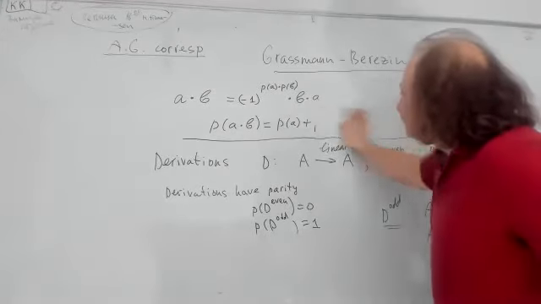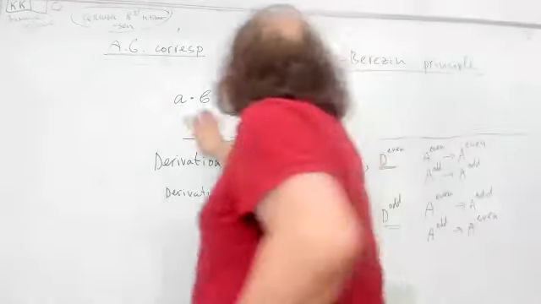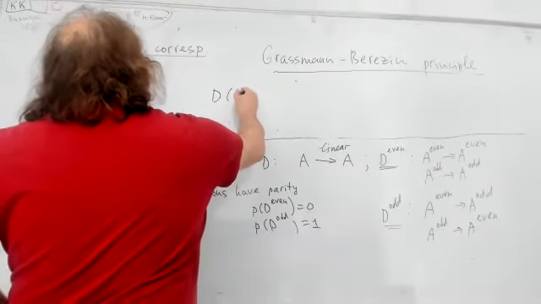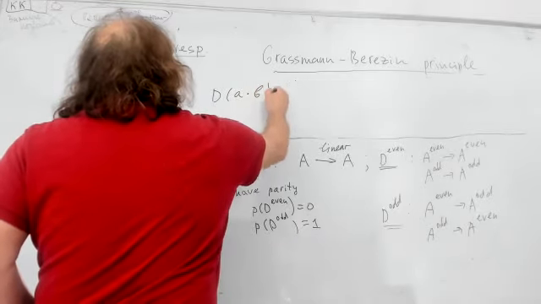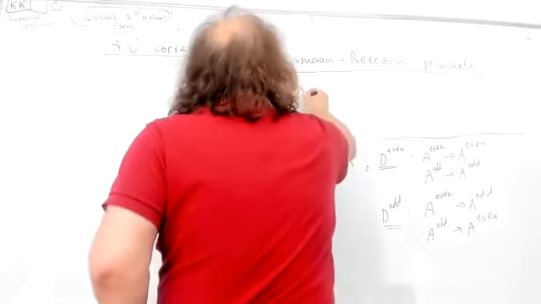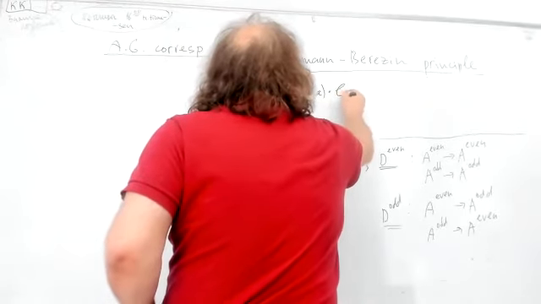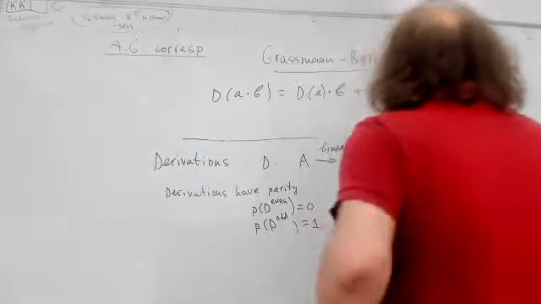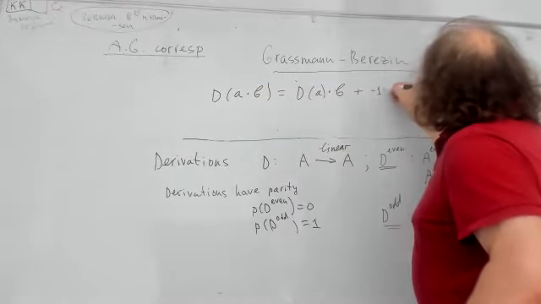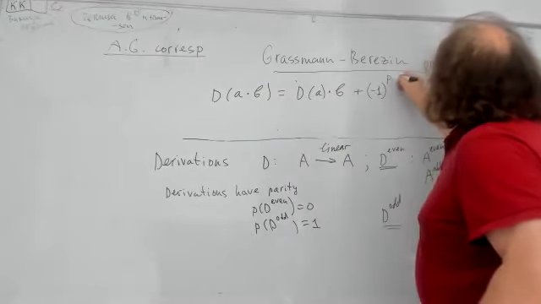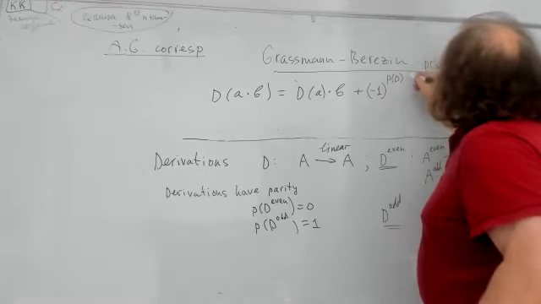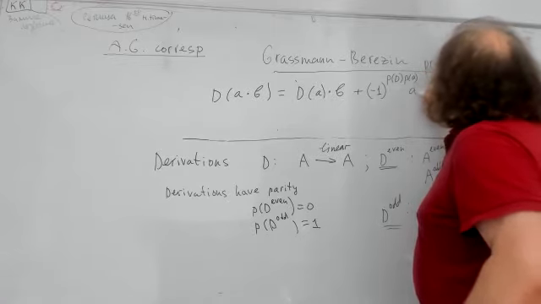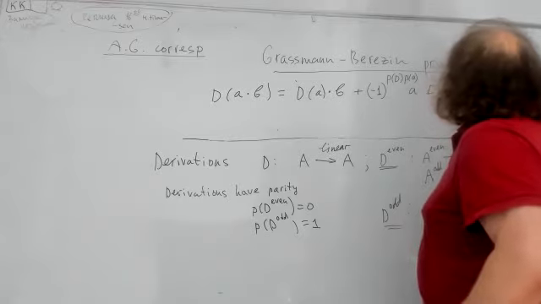And now the only axiom is D(AB) equals D(A) times B plus (-1) to the parity of D times parity of A, times A D(B).